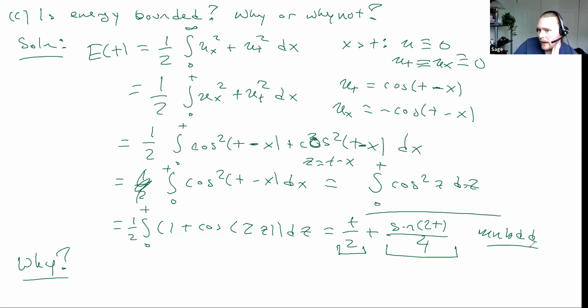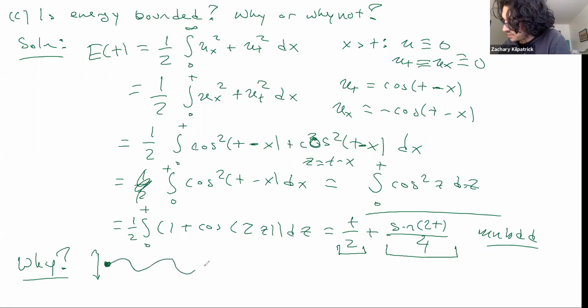I guess the boundary condition is feeding energy into the system. Right. So what's going on here? We can even draw sort of a picture of the string. I have this string, and I'm moving the string up and down sinusoidally, right?